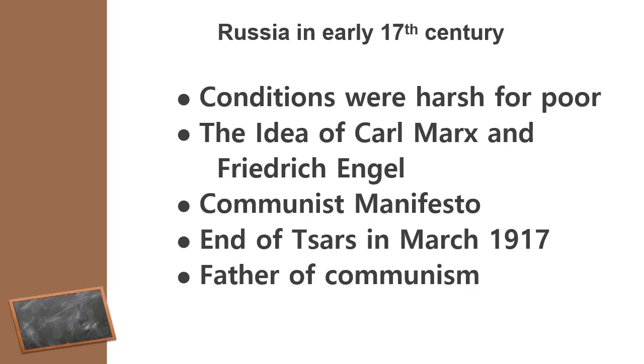The ideas of Karl Marx and Friedrich Engels became popular. Marx wrote the Communist Manifesto, and the movement spread, leading to the revolution which overthrew the Tsar in March 1917. Karl Marx is called the father of communism.